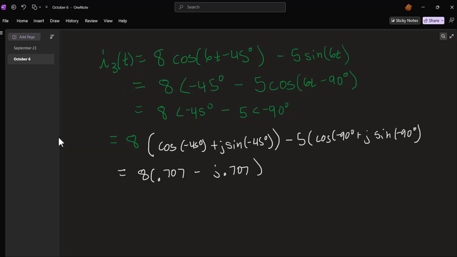And reactance has the symbol X. I didn't put that in there, so reactance is X, and resistance is R. And so impedance Z equals R plus jX.